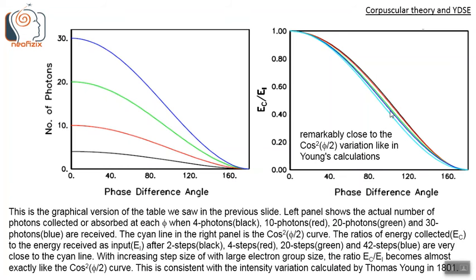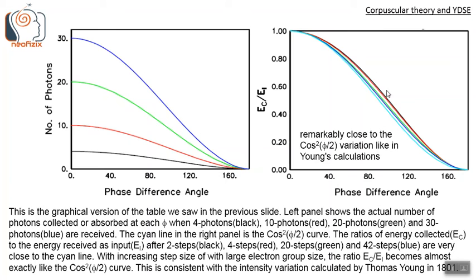The cyan line in this right panel is the cos square phi by 2 curve, which is just cos square phi by 2 depending on these phase angles. And the ratios of the energy collected, EC, to the energy received as input, EI, are plotted here after different numbers of steps.